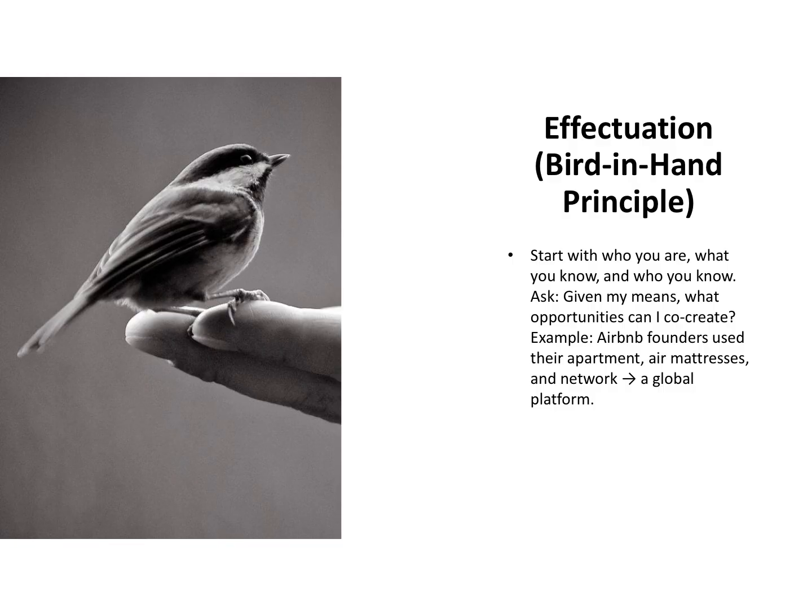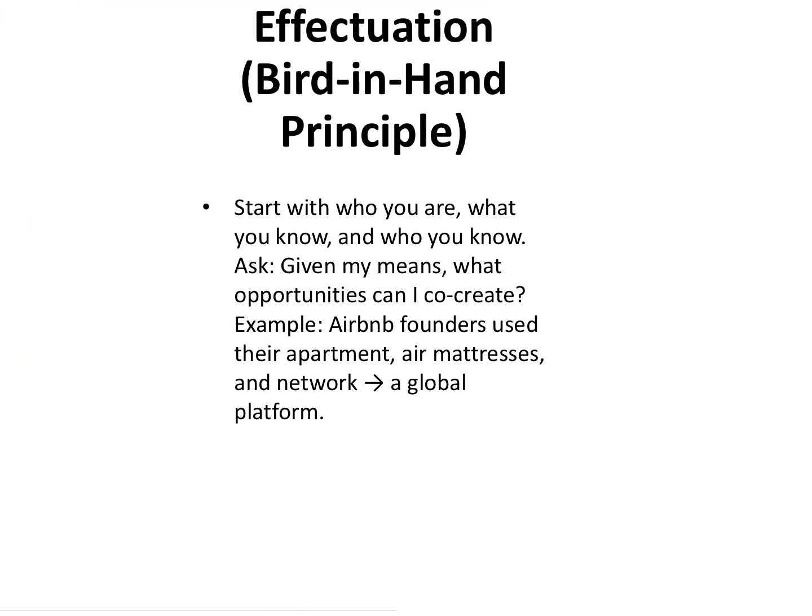Next, we get to the effectuation, which is commonly referred to as the bird in hand. And what you do, you start with who you are, okay? What you know and who you know. So you start where you are with what you have and who you know. Given my means, what I have available to me, what opportunities can I co-create, okay? And here's the best example.